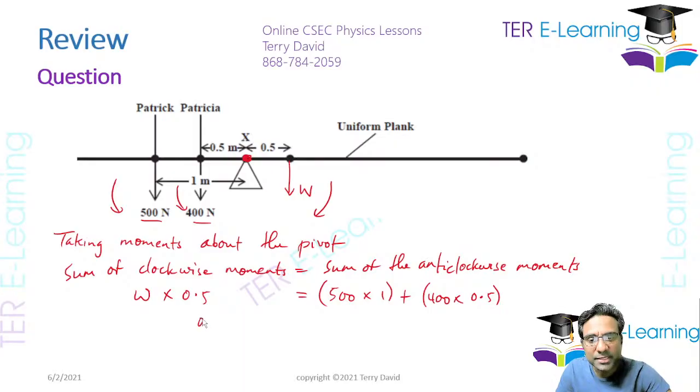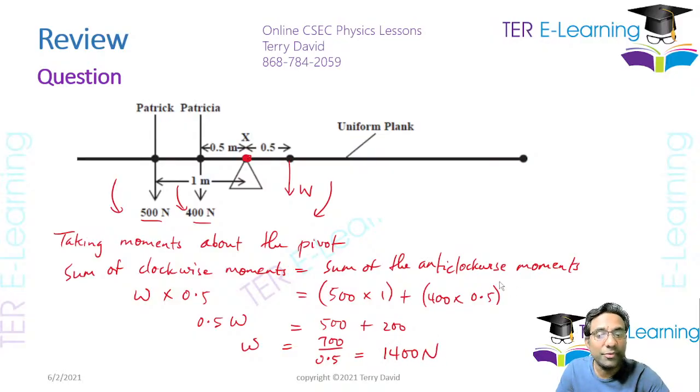So this is 0.5W is equal to 500 plus 200, since 400 by 0.5 is 200. Therefore, W is equal to 700 divided by 0.5, which is equal to 1400 newtons. So that's my value for the weight of the plank.